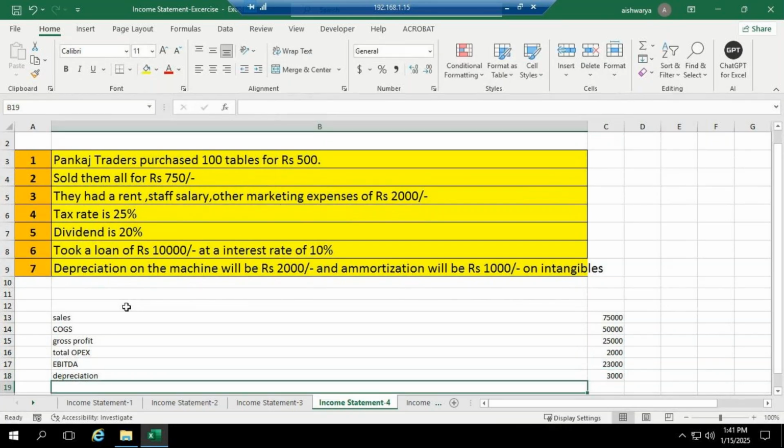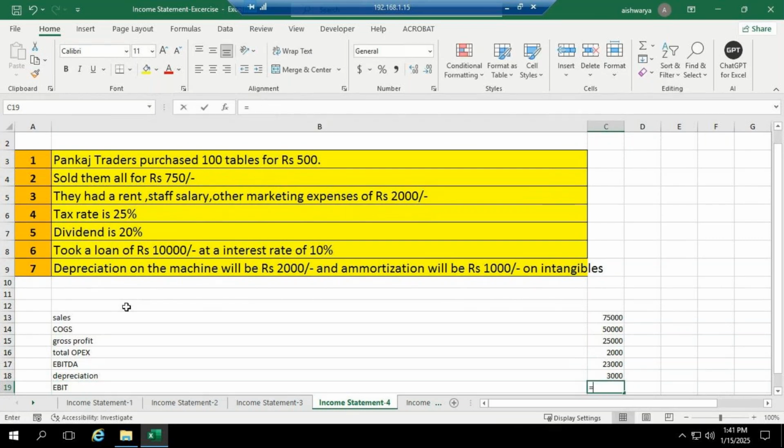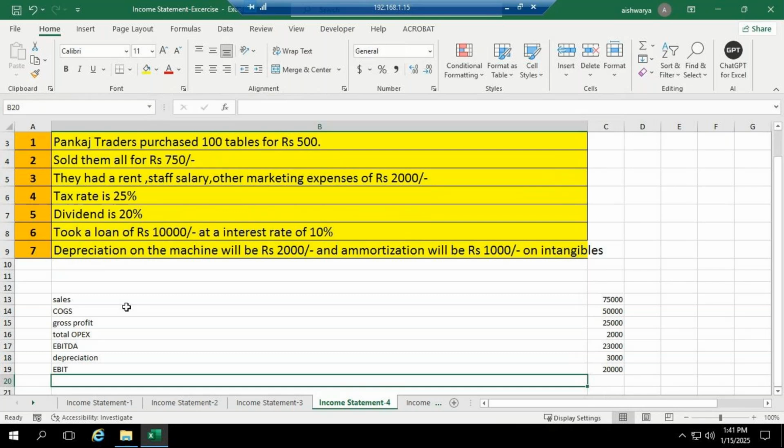So now you have to put EBIT. Okay, so now it is equal to 23,000 minus this 3,000, and then press enter. See, now you'll be getting the answer as 20,000, and it is regarded as EBIT, earnings before interest and tax.